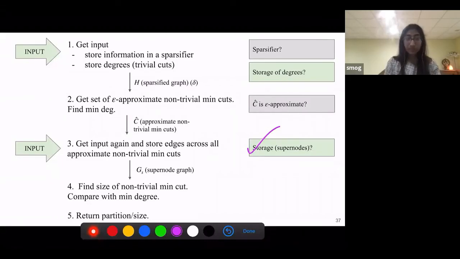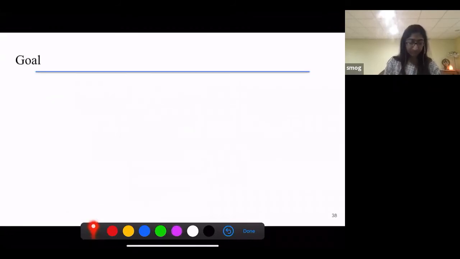Now what we can focus on is the big part, right? We need to know that the number of edges that we're storing in the supernode graph isn't too large. And we said before that we can show that the storage space is only O of n edges. So our goal is to store all of the edges across all cuts in C hat.